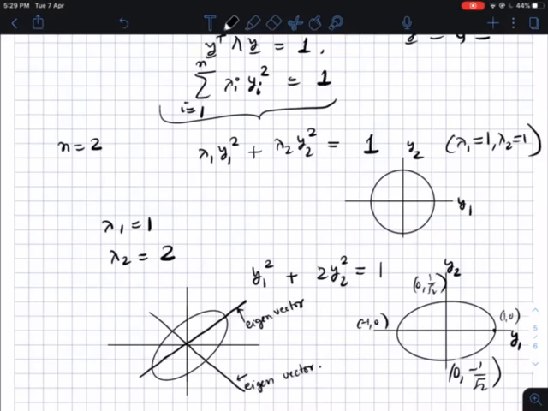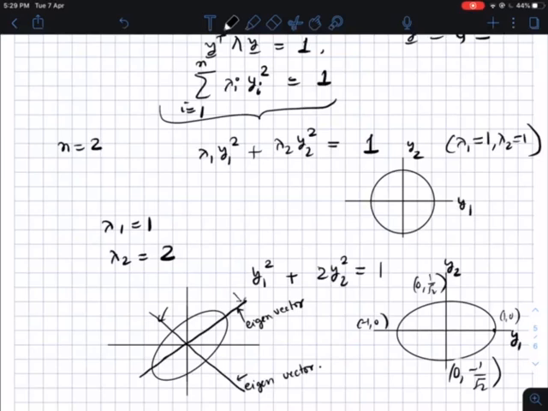The ellipse is going to be more elongated in the direction of an eigenvector that has a smaller eigenvalue. Okay, so wherever the eigenvalues are small, that's the direction the ellipse will elongate more. For example, this direction corresponds to the eigenvector that has the largest eigenvalue, and this direction corresponds to the eigenvector that has the smallest eigenvalue.